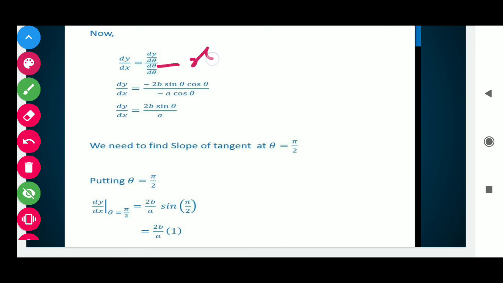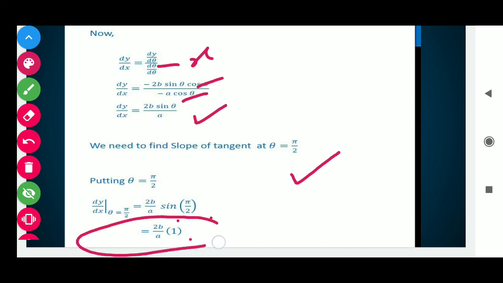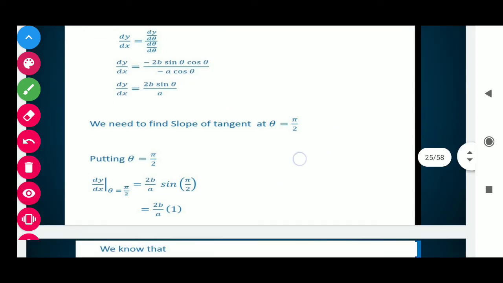Put the values, and cos theta and cos theta cancel out. We get 2b sin theta over a. We need to find the slope of tangent at theta 90 degrees, so put theta as 90. We get 2b over a times sin 90, which is 1. In this way, the slope of tangent is 2b over a.